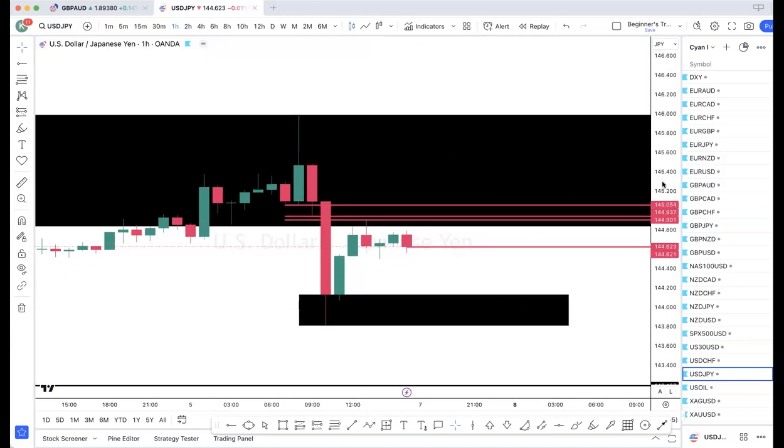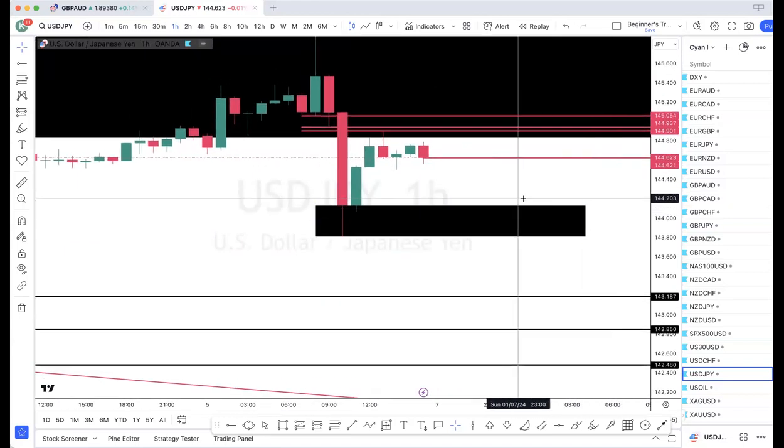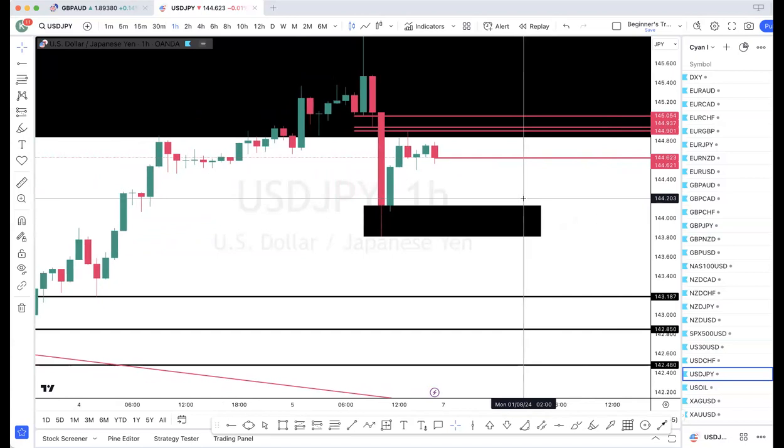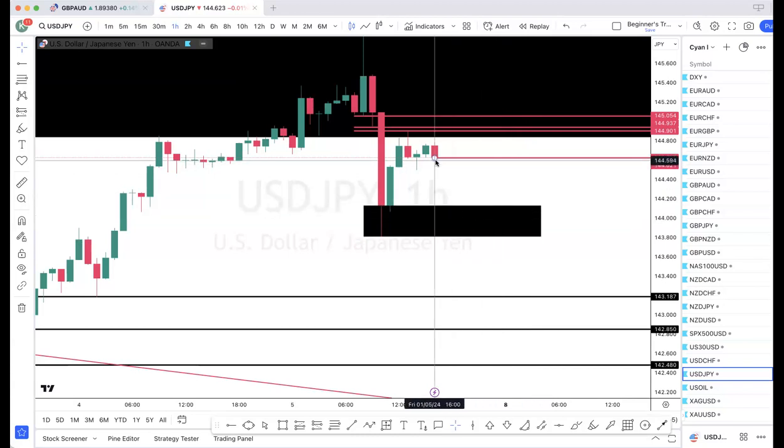I don't think it's going to sell the week. I think it's going to buy this week the same way that the rest of the JPYs are. So this is Sunday open right here, right?